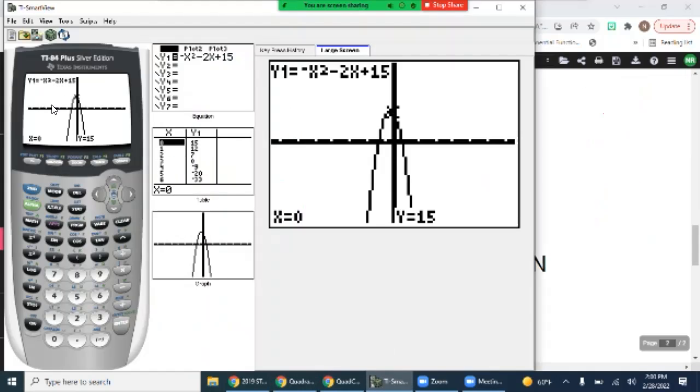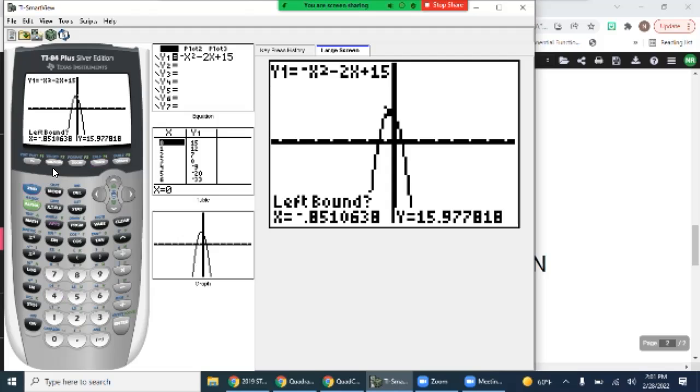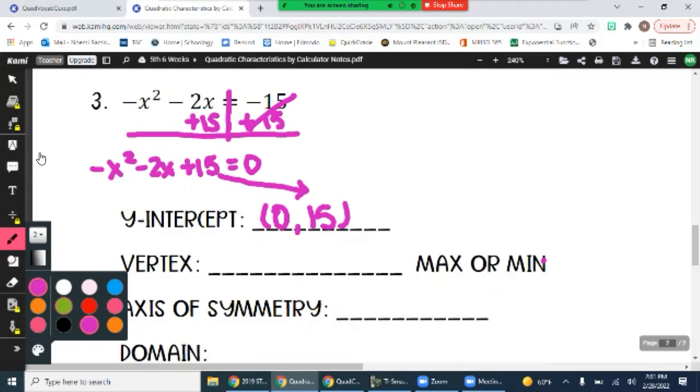Move to the vertex. And in this one, you should only have to move once to the left. Now I can press second trace, because it's a maximum, let me go ahead and circle maximum over here before I forget.